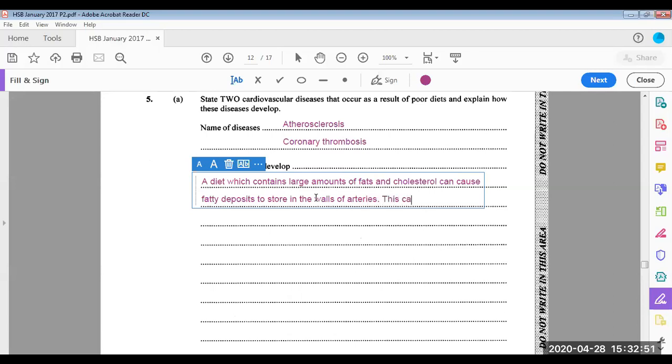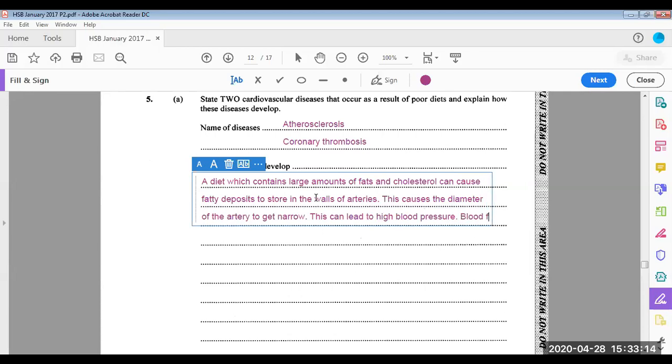This causes the diameter of the artery to get narrow. This can lead to high blood pressure.